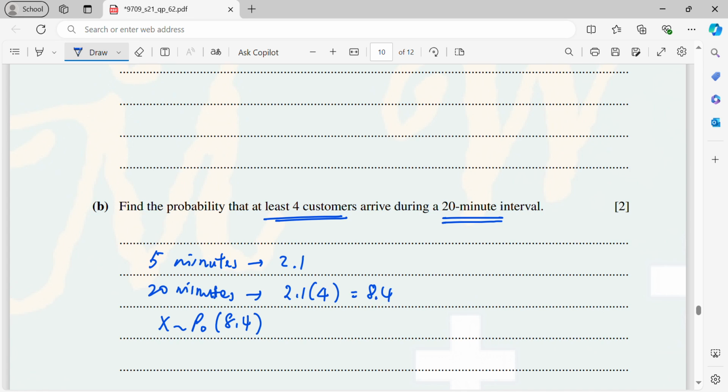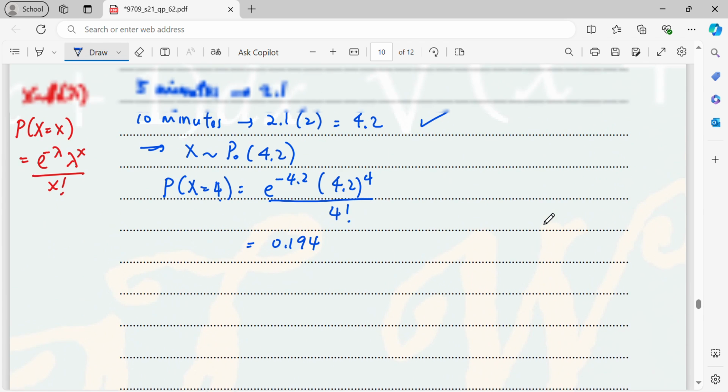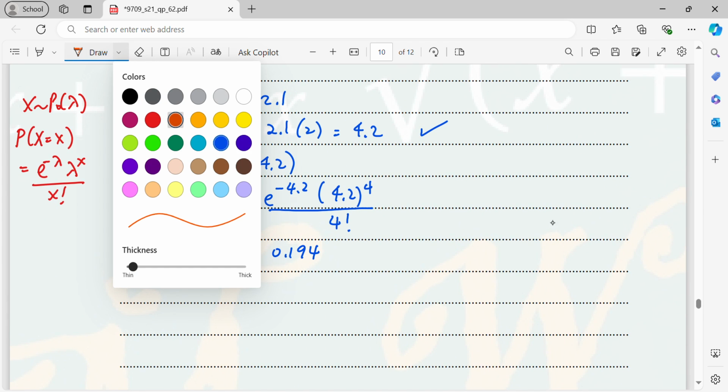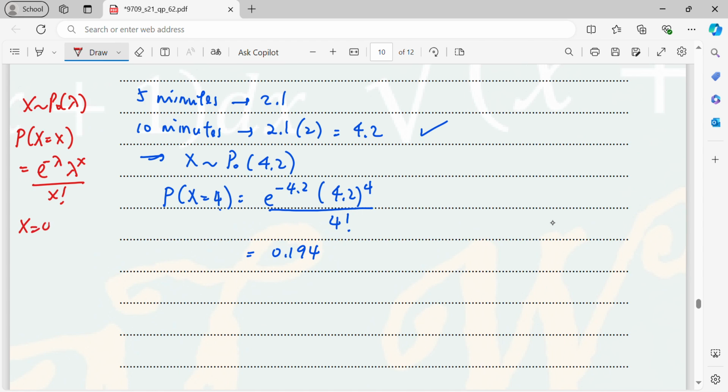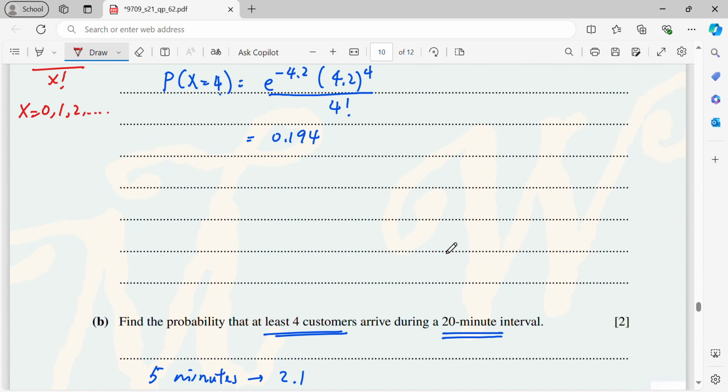At least 4 means 4 onwards. For Poisson distribution, our x values start from 0 until infinity. At least 4 means it will be 4, 5, 6, and so on. So I will write down 4 first.